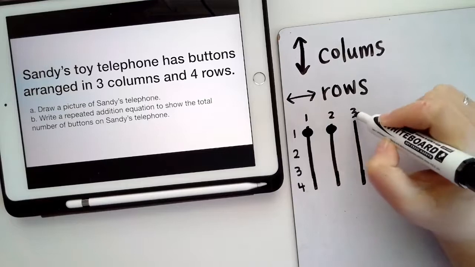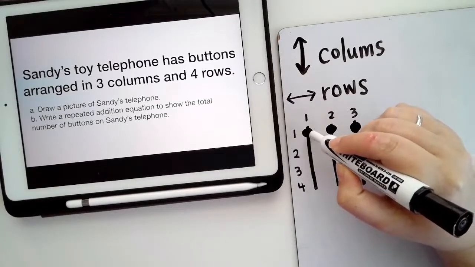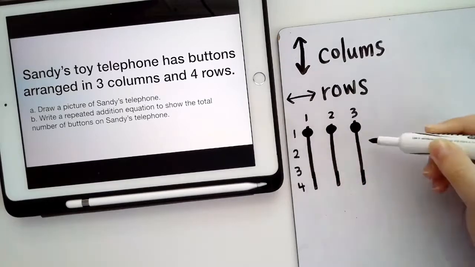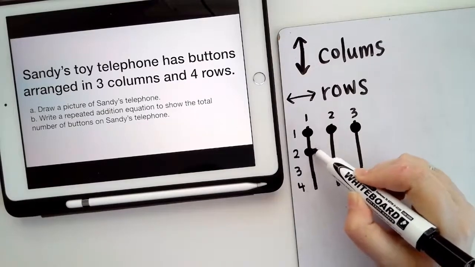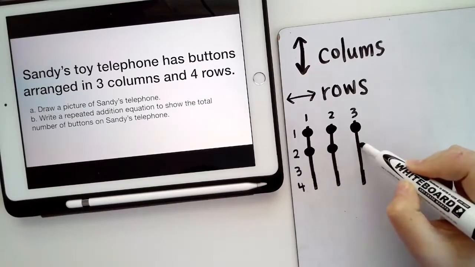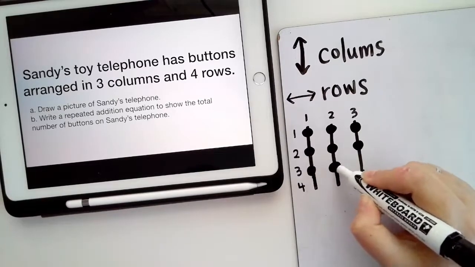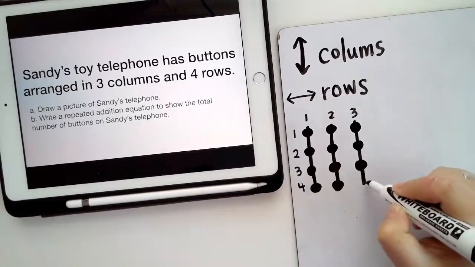Then again, for the 3rd column. So now I have a button on row 1 for each column. I'm going to repeat this for each row. That means I have a button here, here, and here, here, here, and here, here, here, and here.